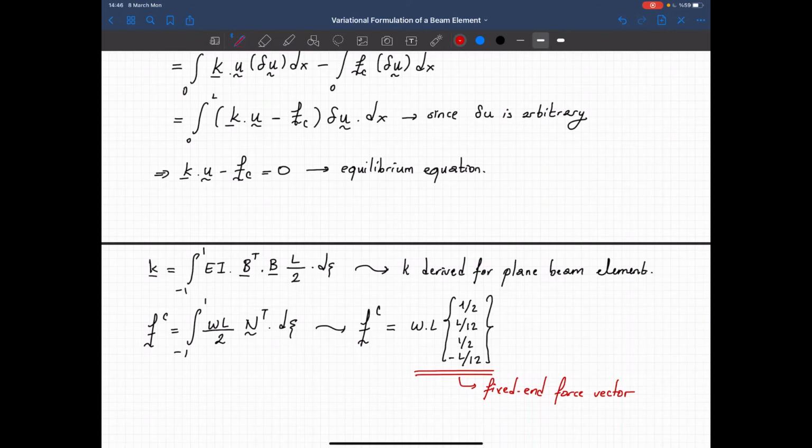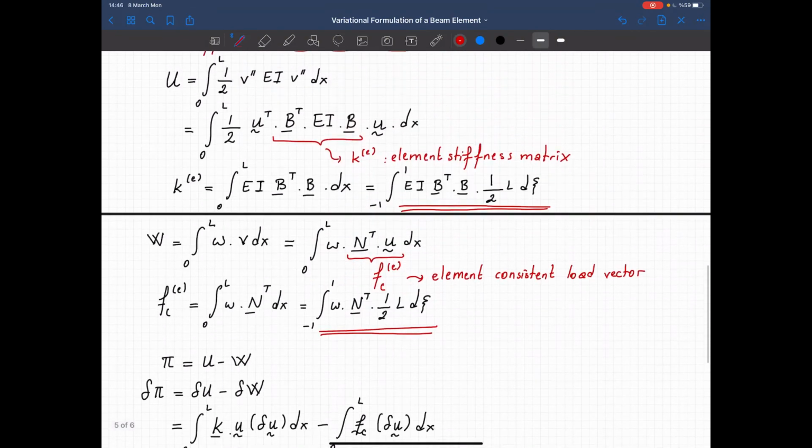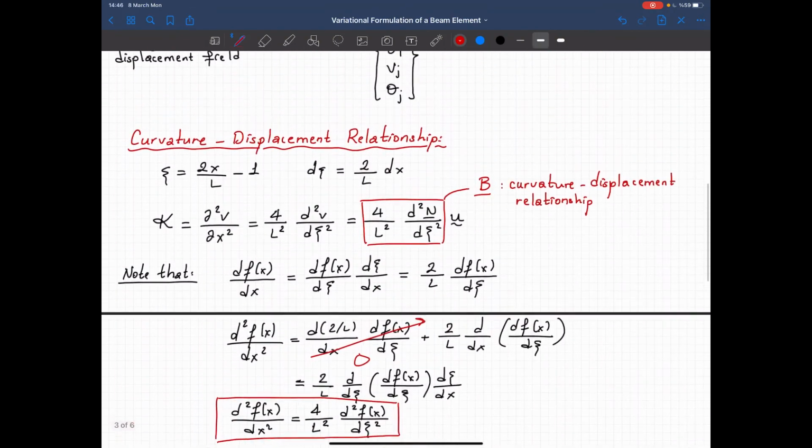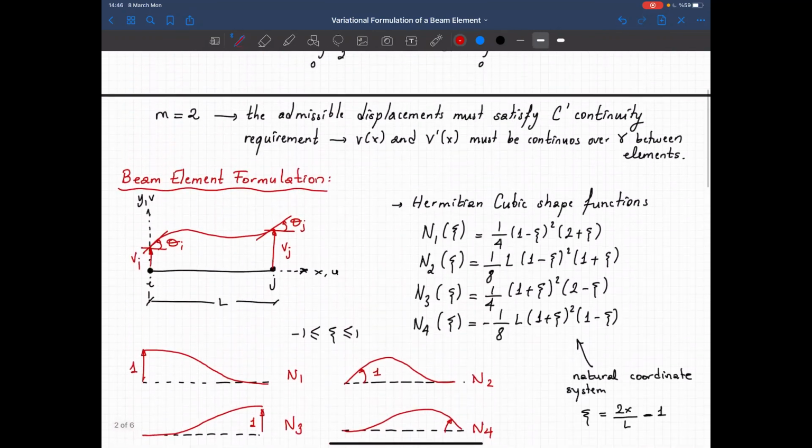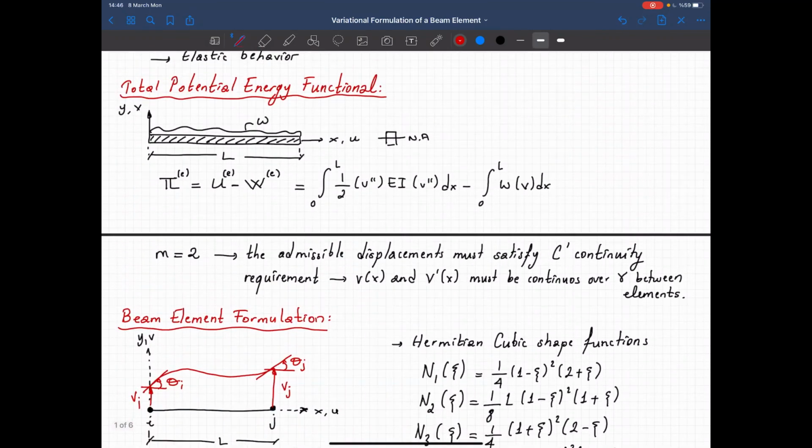So actually this shows us a procedure, right? We start with the total potential energy functional. This functional tells me how I can obtain the stiffness matrix and also the load vectors for any kind of element.